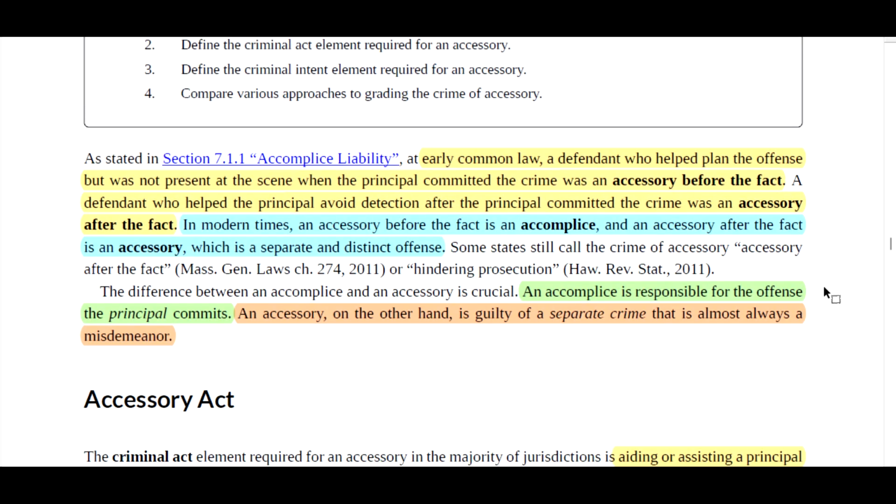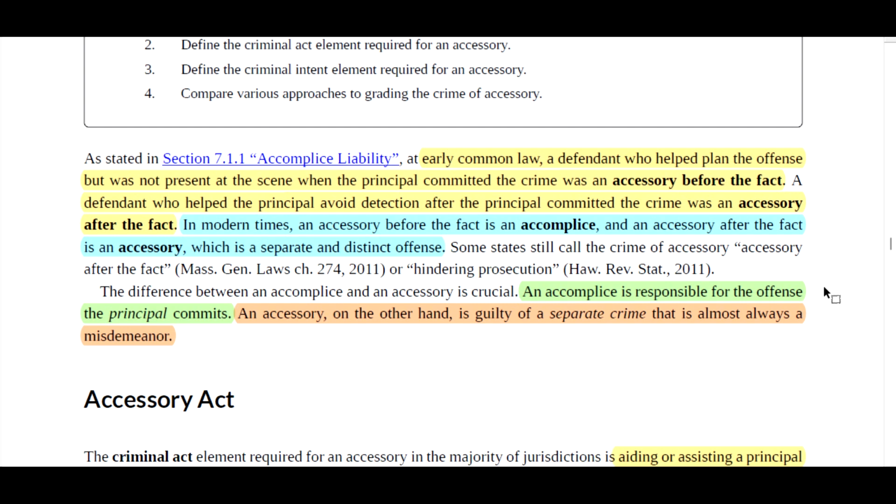So going back to early common law, we had the four distinctions. We had two principals and two accessories: accessory before the fact and accessory after the fact. In modern times, accessory before the fact is an accomplice. And an accessory after the fact is an accessory, which is a separate and distinct offense. However, some states still call the crime of accessory after the fact hindering prosecution.